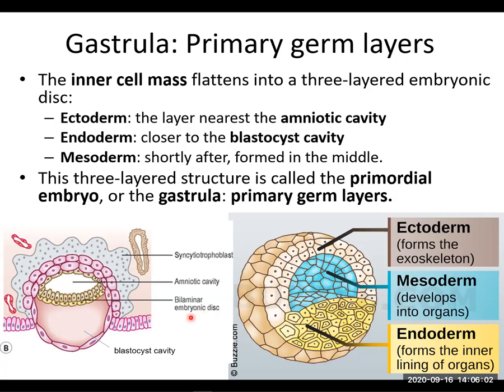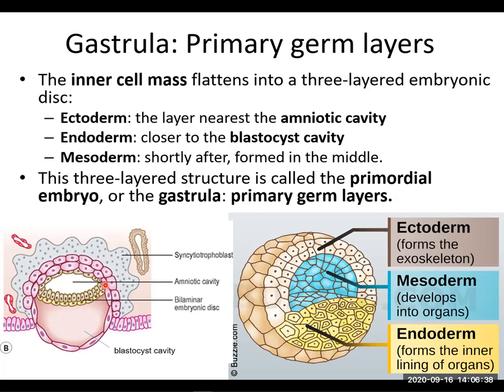So we have these three germ layers, and they are important because from this step on, these cells have already decided their fate. The ectoderm will become the stem cells to produce the outer portion of the body, like our skin, our muscle, our bone, and our nervous system too.